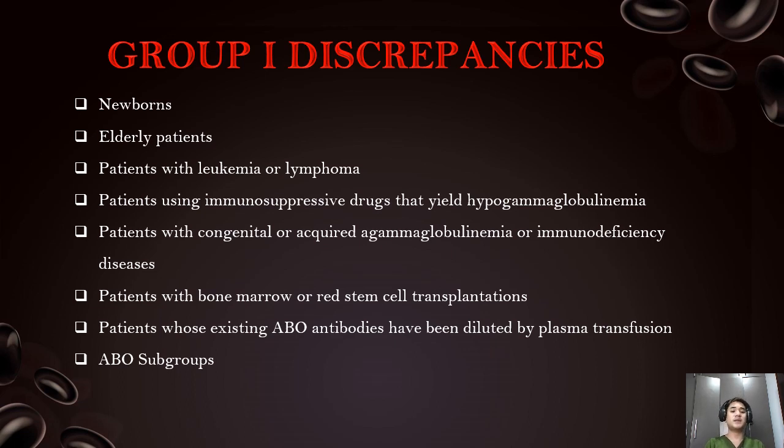So the same concept actually goes with patients receiving immunosuppressive drugs like cyclosporines or corticosteroids, for example, in conditions like multiple sclerosis, systemic lupus erythematosus, and Crohn's disease, and so on.